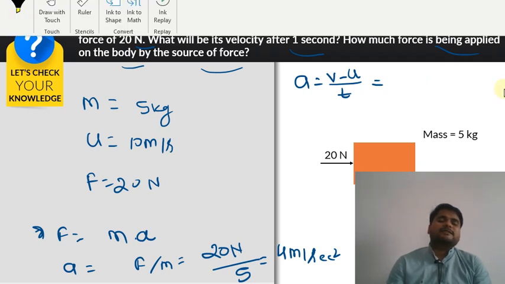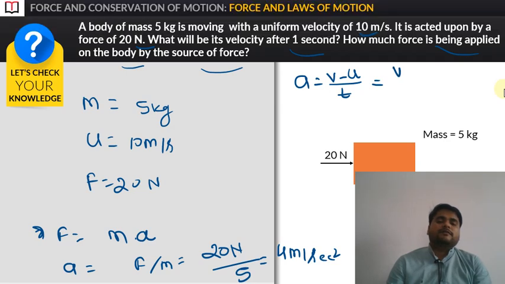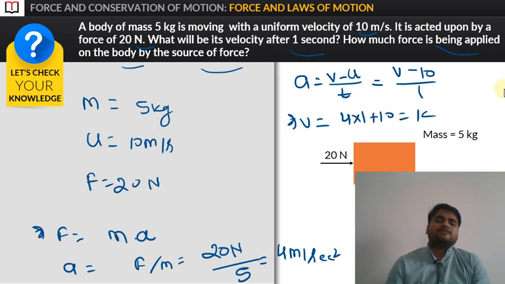Substituting the values, a is equal to v minus 10 upon 1, so v is equal to 4 into 1 plus 10, that is 14 meter per second. So the final velocity of the object will be 14 meter per second.